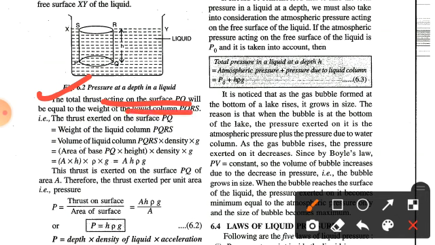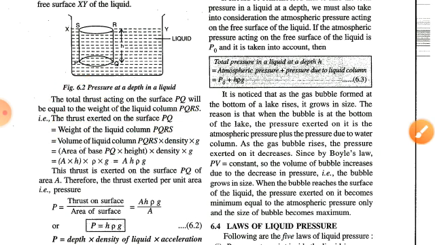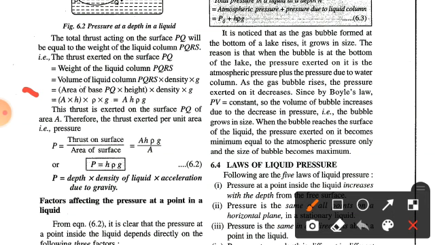That is the volume of the liquid column PQRS multiplied by density multiplied by acceleration due to gravity. You know very well the volume of the liquid column is the area of the base into height, so area A multiplied by h, and the density is rho and g is the acceleration due to gravity. So finally it comes out to be A h rho g.